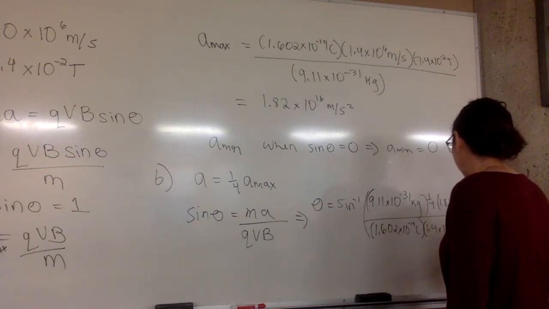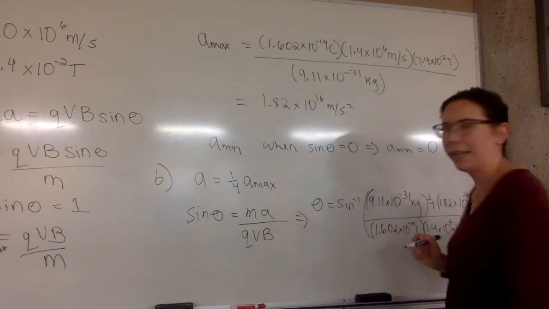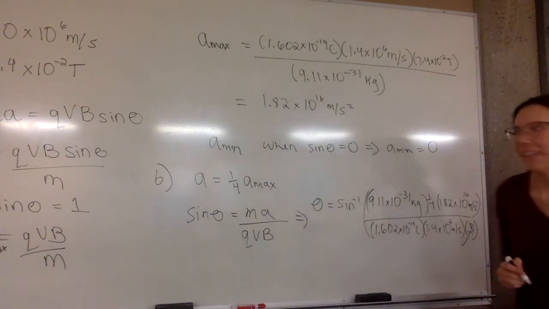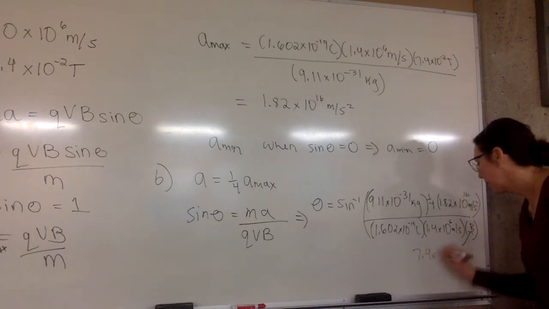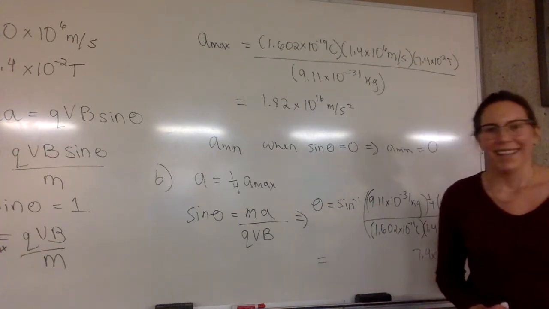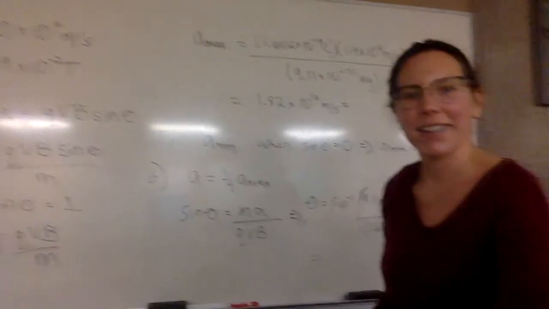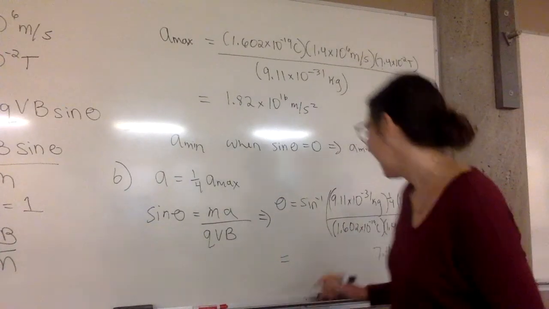And then B, and we'll put B in here, which I'm running out of room, which is 7.4 times 10 to the negative 2. And that should give you an angle of 14.5 degrees.